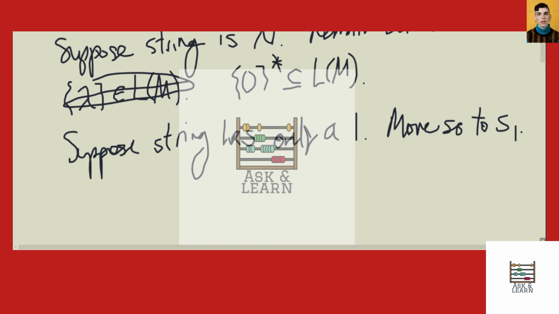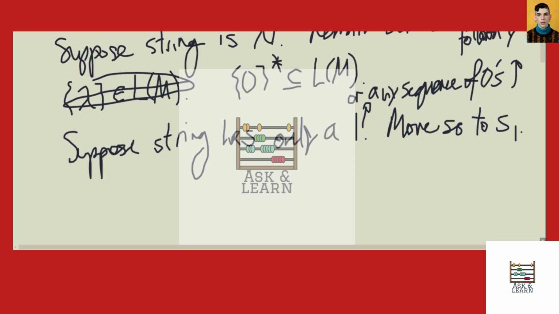Of course, we could also have any sequence of zeros followed by a 1. So if you have any sequence of zeros, then we'll remain at S0, and then the 1 will move us from S0 to S1.